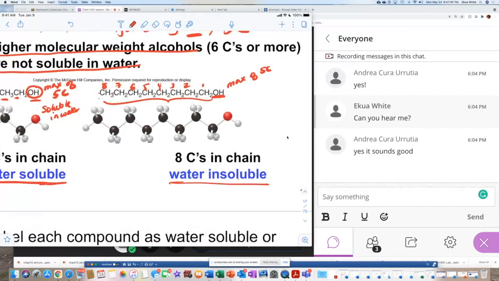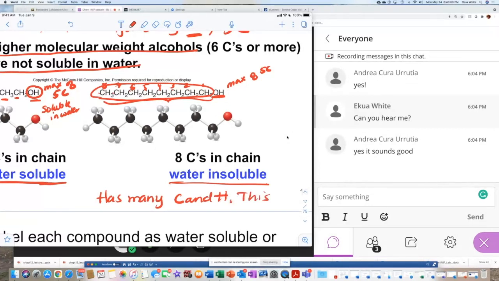But look at what it has many of. It has many carbons and hydrogens, C and H. I didn't even need to spell it out.